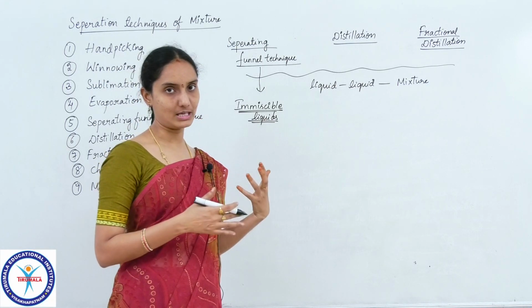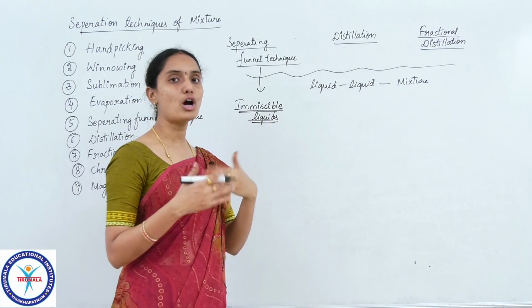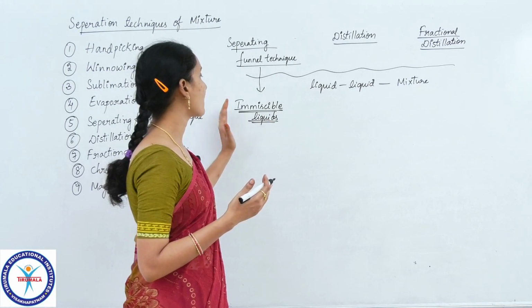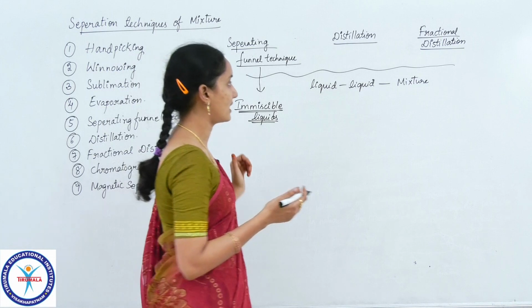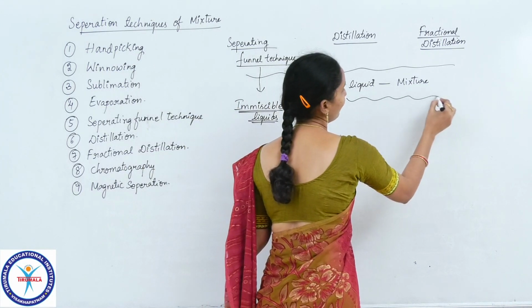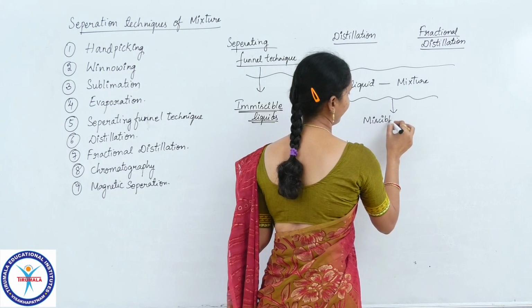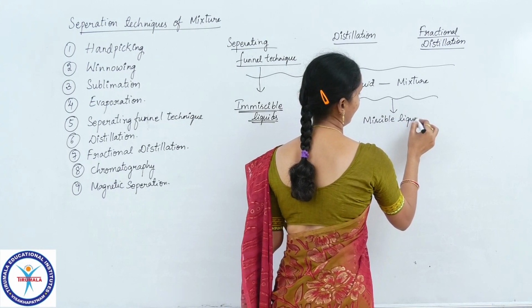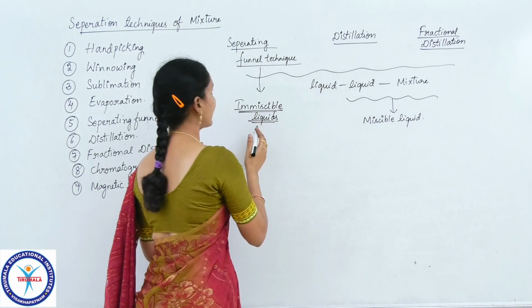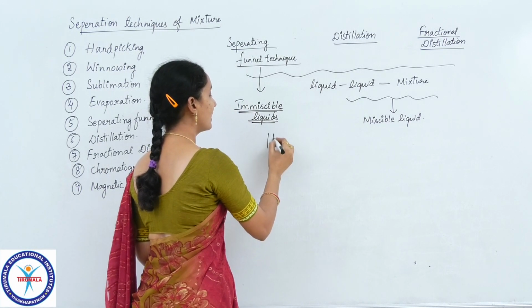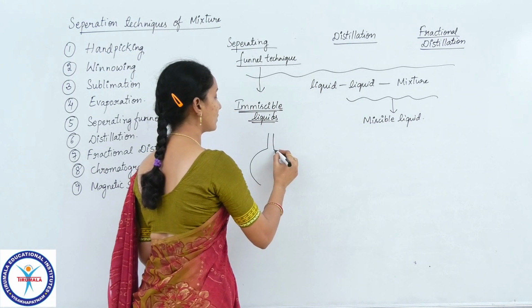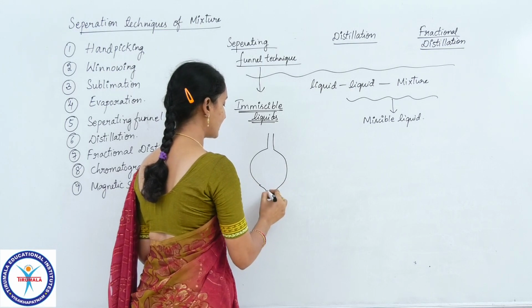Miscibility means mixing with each other. Immiscible means they do not mix with each other. So for such types of liquids we use the separating funnel technique, whereas distillation and fractional distillation are used for miscible liquids. In the separating funnel technique, you separate the immiscible liquids using an apparatus called a separating funnel.